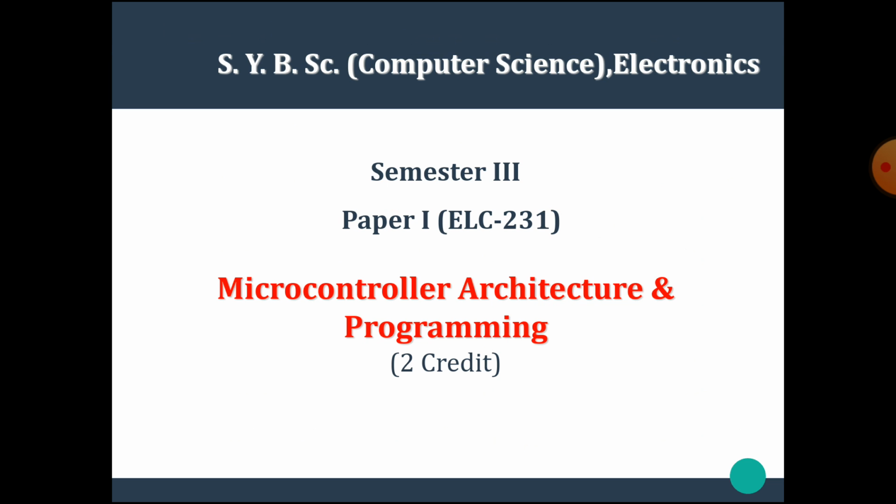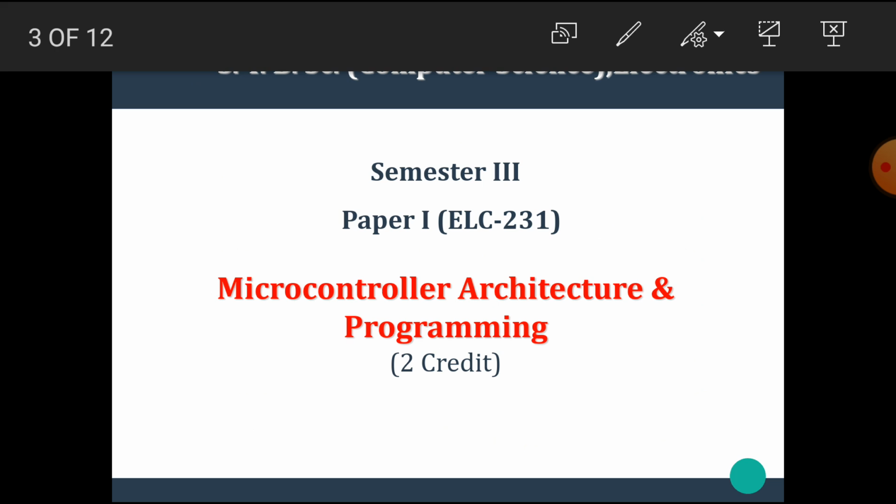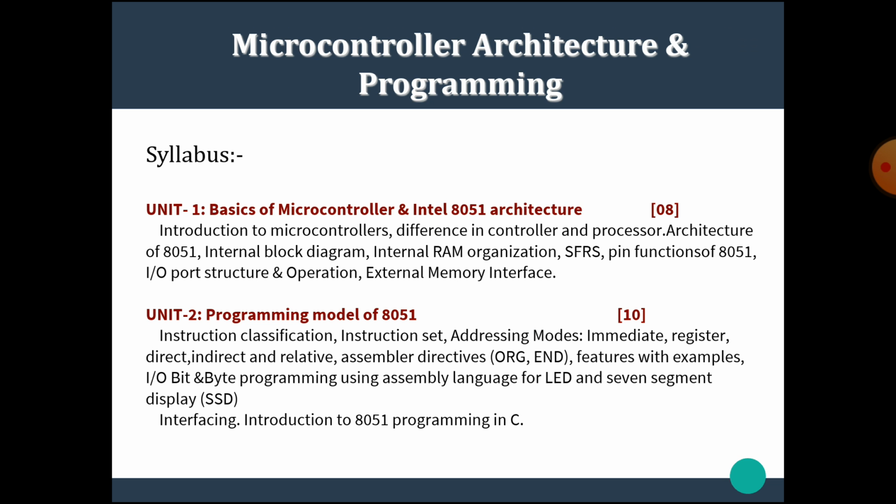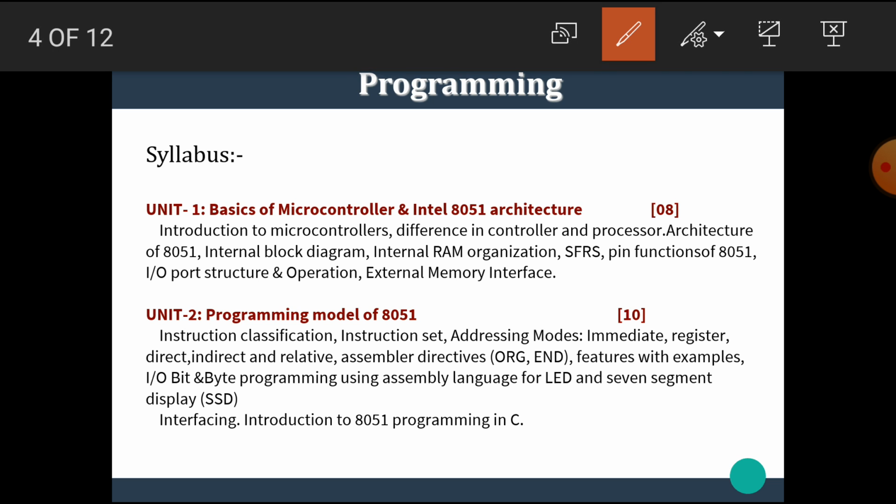Now let us start the paper first. The name of paper first is microcontroller architecture and programming, which is for 2 credits. The syllabus of this subject consists of total 4 units.